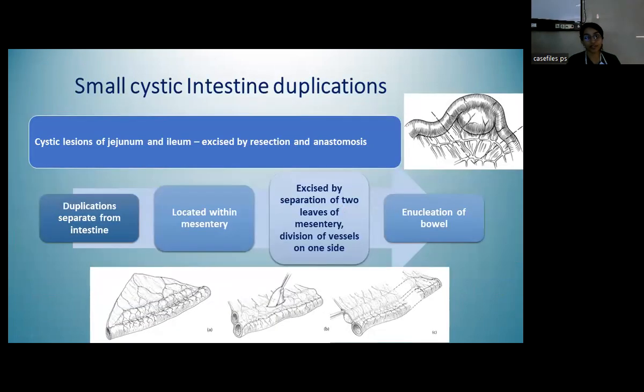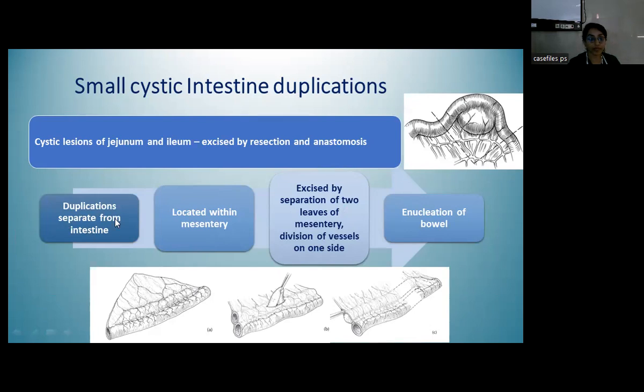Coming to small cystic intestinal duplications, cysts of the jejunum and ileum are excised preferably by resection and anastomosis. These are usually the cystic duplications. These are removed by resection and anastomosis of that particular segment because they share a common blood supply and also a wall.